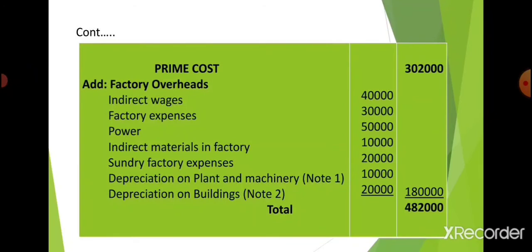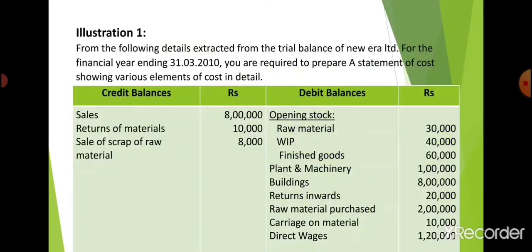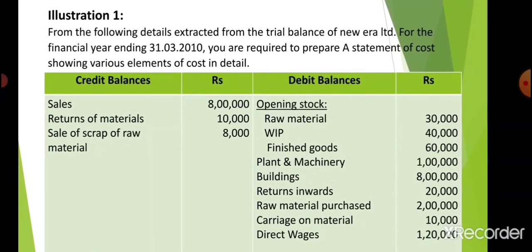So to this prime cost we have to add the factory overheads. Let us see what are the factory overheads given in the problem. On the debit side, debit balance, opening stock, in opening stock we have raw material, work in progress, finished goods. Next we have plant and machinery, that is an asset, on which we have to calculate depreciation.